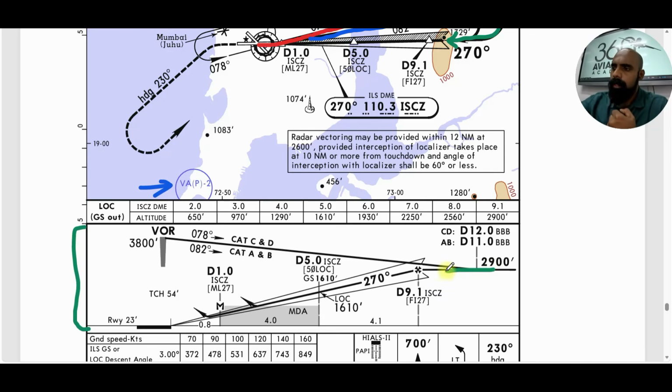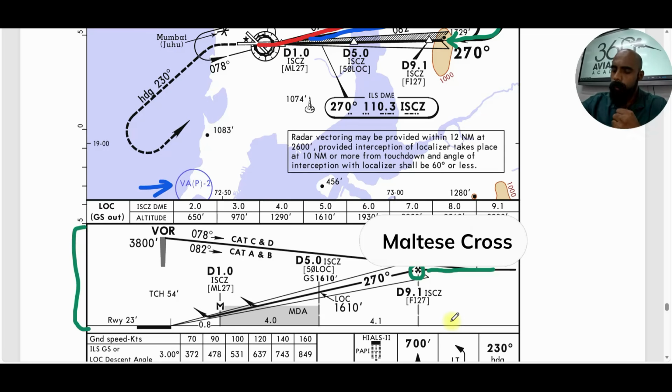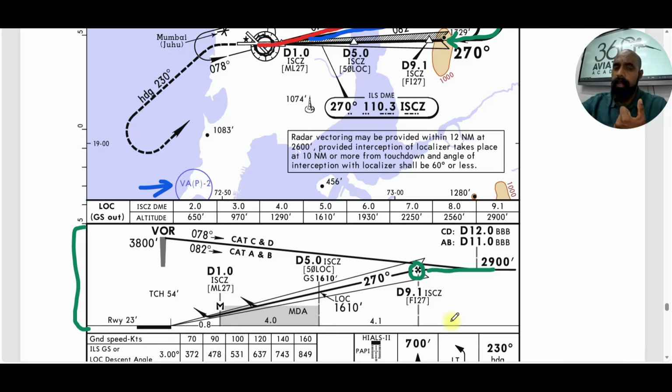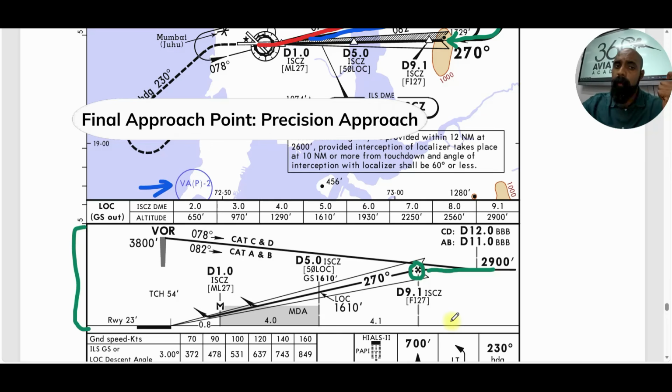Typically, you would come in here, and then this point over here is called your Maltese cross. Okay, it's called the Maltese cross. It's an identifier, or it's meant to depict the final approach fix. That is for the non-precision approach. For the precision approach, ILS, it would be a final approach point. That is the point where you capture the glide slope.